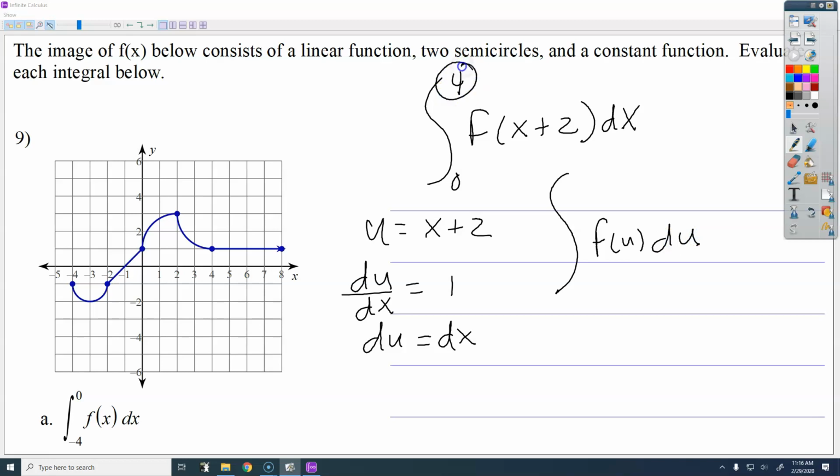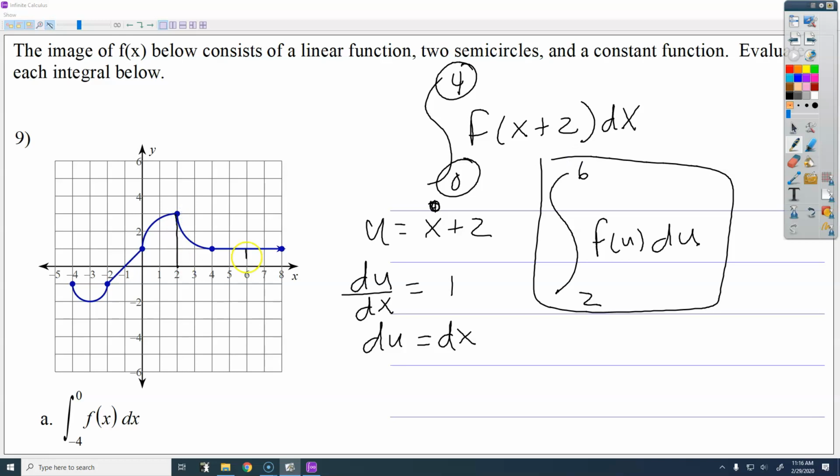So when x is 4, if I plug in 4 here, u is 6. And when x is 0, I plug in 0, u is 2. So we're basically finding the area under the curve now from 2 to 6. Okay, so from here to here. Now, our pieces that we had before, if I remember correctly, because I had to delete mine, this one here, from what I remember, was 4 minus pi.